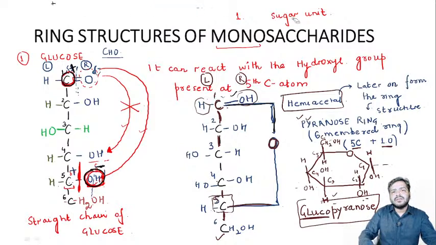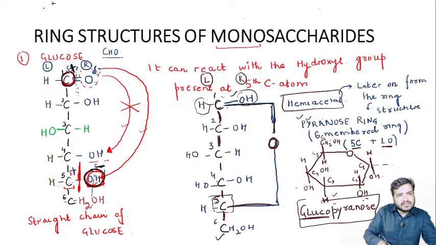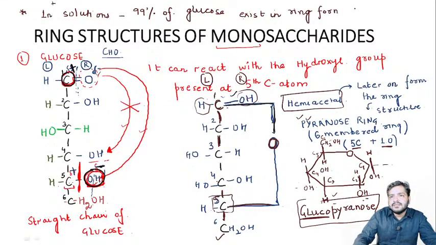Write down one point, that is for exam purpose, that in solutions, 99% of glucose exist in the ring form, and that is the pyranose ring.